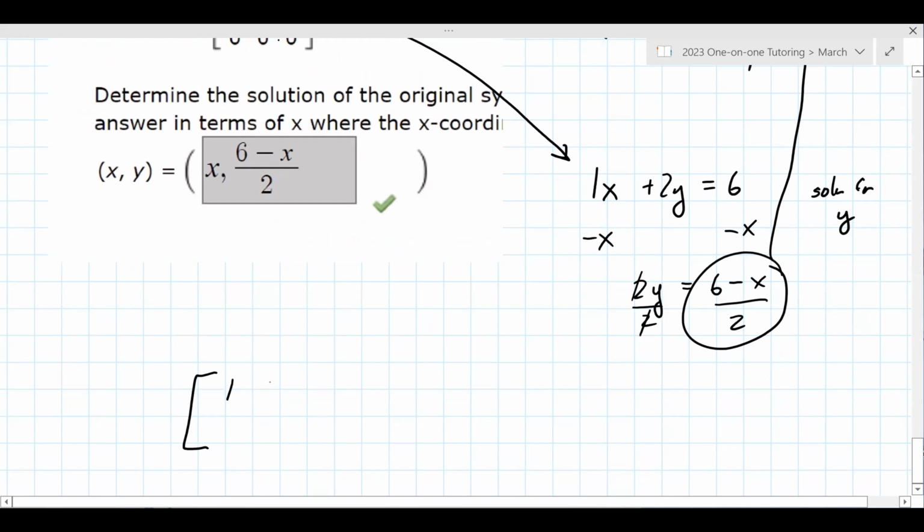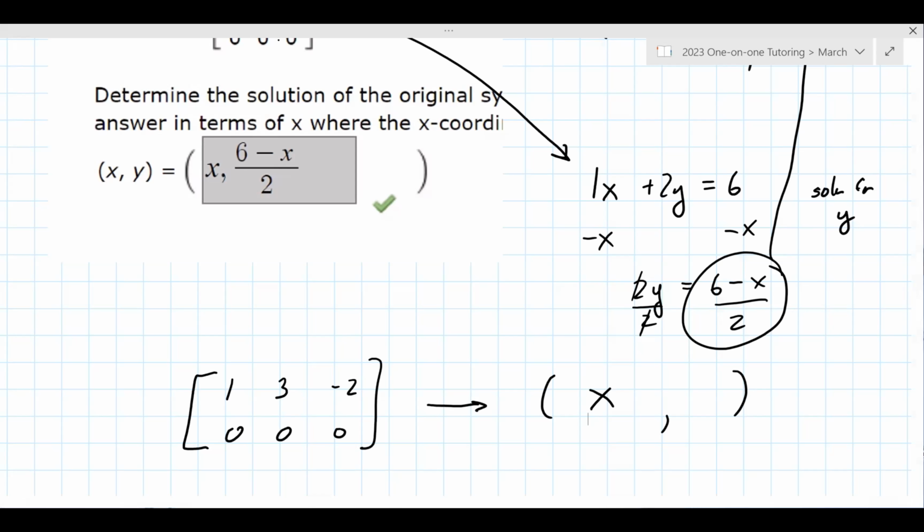Let's say it's 1, 3, -2, 0, 0, 0. The first one is x. So you're going to write an equation just like I did over here for the top row, and you're going to solve it for y. You want to give that a try? See if you have any questions on that.